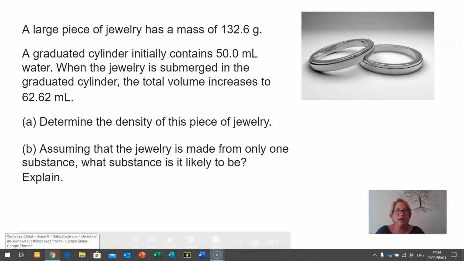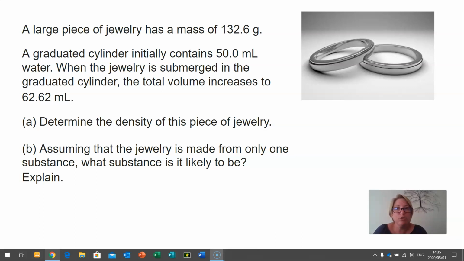Okay, so here we have a fairly large piece of jewelry, and it has a mass of 132.6 grams. It also looks shiny and silvery. So you took a graduated cylinder, and initially you put 50 mils of water in, and then you submerged the jewelry, and the total volume increased to 62.62 mils.